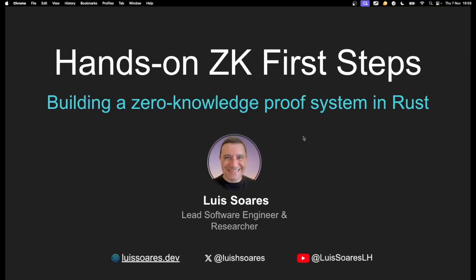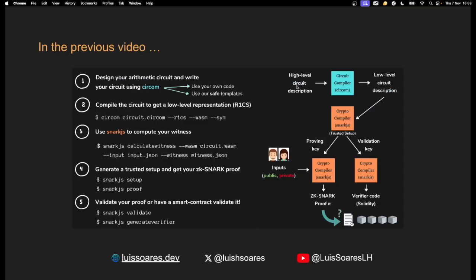Today I would like to continue our series about zero knowledge proofs and the first steps towards learning it. In the previous video we saw how to generate zero knowledge proofs using Circom and Snark.js. It was the opportunity to get familiar with some key concepts, and it was more of a black box implementation as we're not coding it exactly.